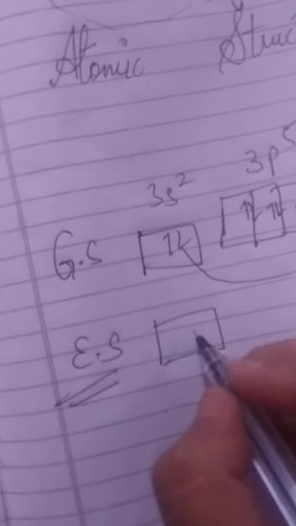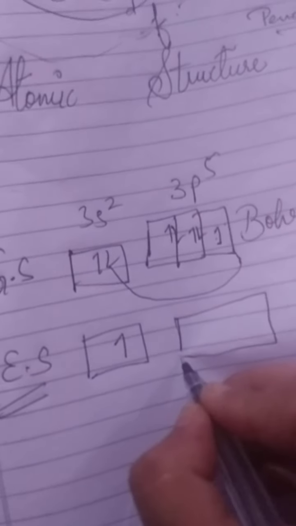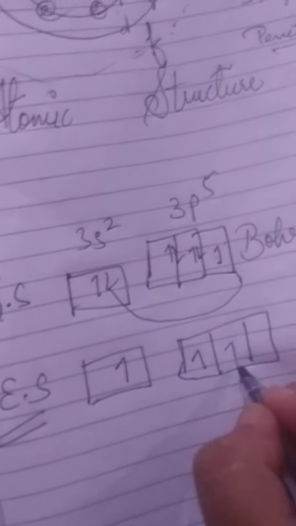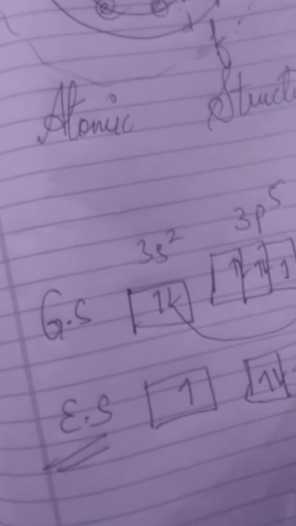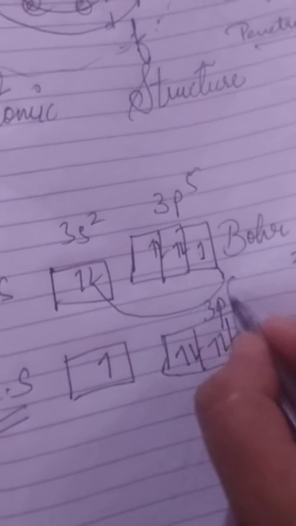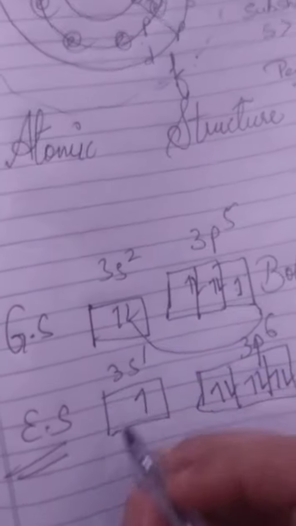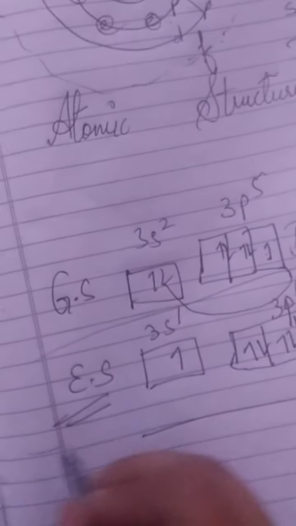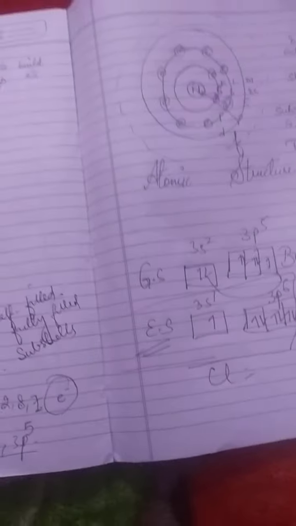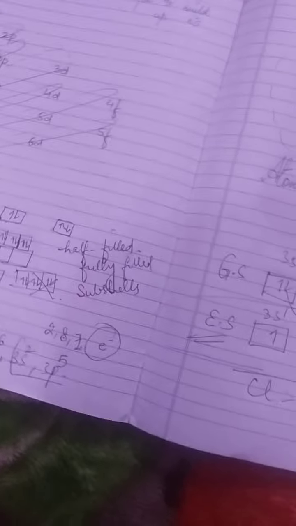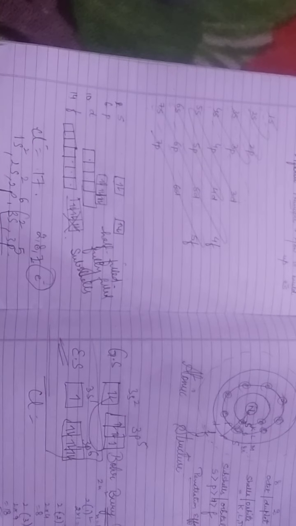Here is the excited state in which one electron is there, and here 1, 2, 3, 4, 5, 6. So here is 3p6 and 3s1, which is the stable state of chlorine. So this is the way we calculate the electronic configuration. Clear?